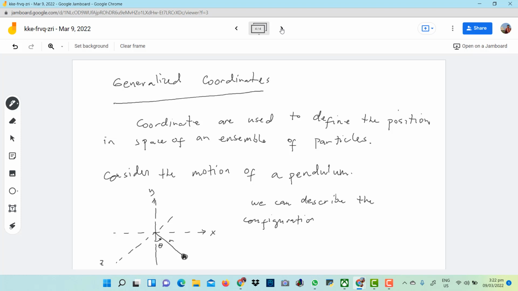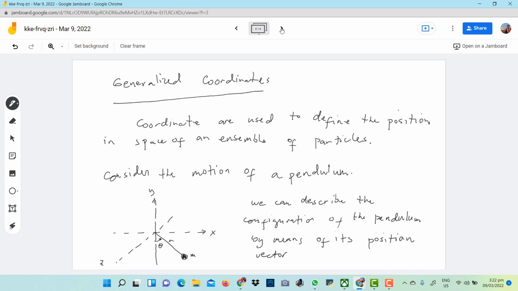Okay. So we can describe the configuration or the ensemble of the pendulum by means of its position vectors. Of course, the first thing we must get is where the particle, or your mass m, is located, by means of its position.